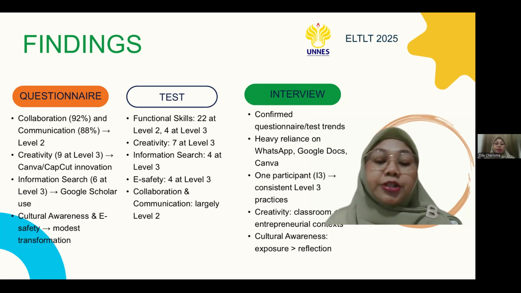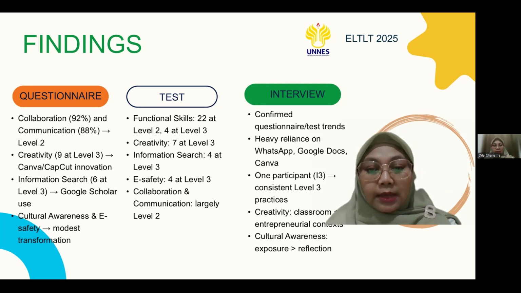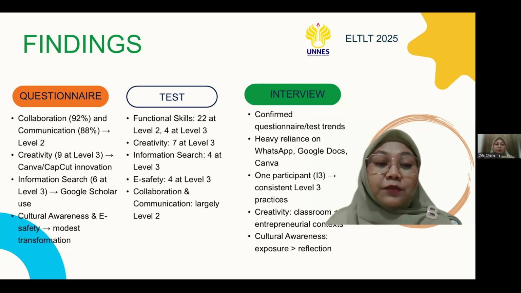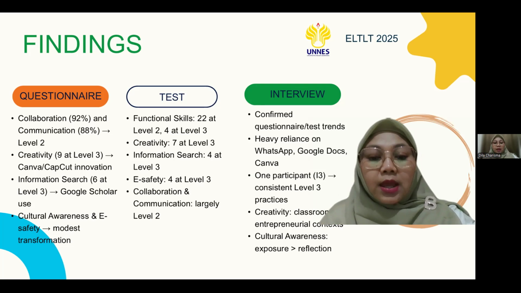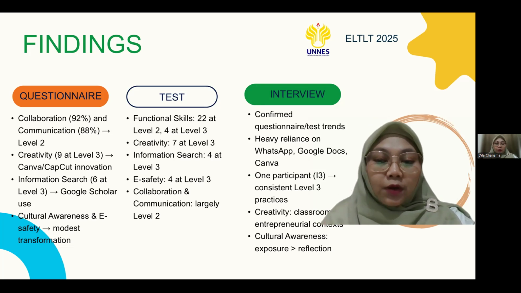Creativity appeared at level 3 for some participants, particularly in their use of tools like Canva and CapCut for innovation. Information searching also showed transformative practices when students relied on Google Scholar for academic purposes.